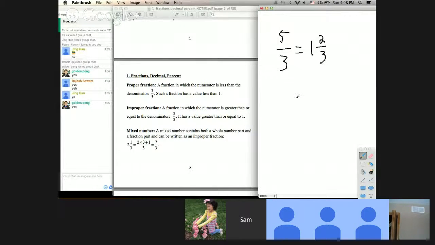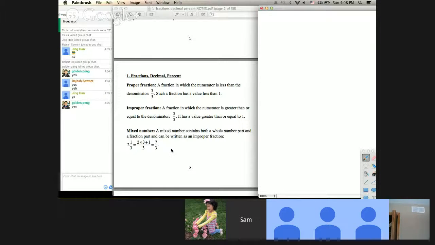You can reverse this by taking the whole number multiplied by the bottom, which is 3, and adding it to the top, which is 2, and you get your original number, 5/3. So it's reversible. Mixed numbers are basically simplified improper fractions. Proper fractions are the normal ones where the top is less than the bottom. Just know the definition of each of them.